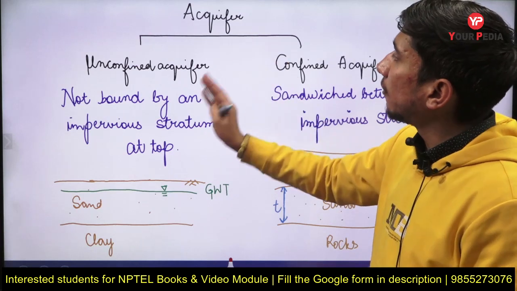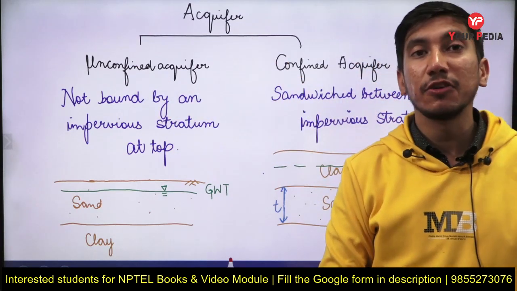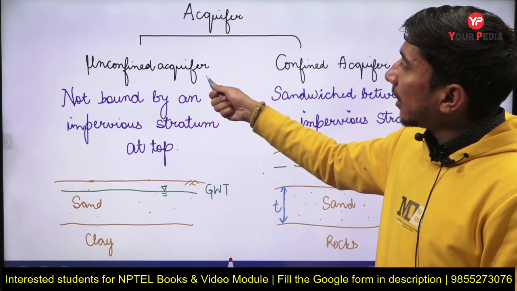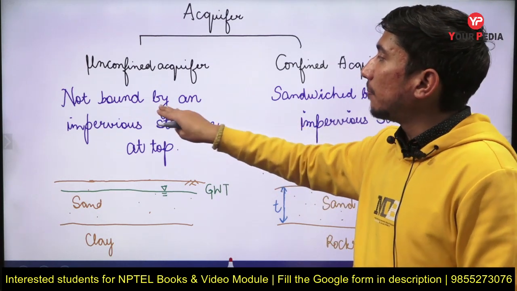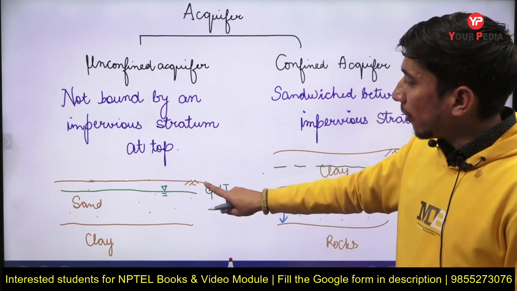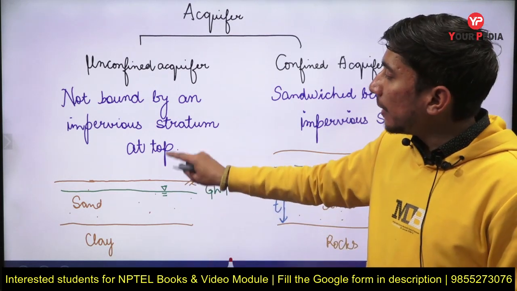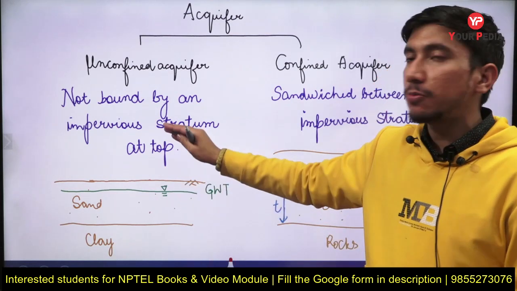Now aquifers are of 2 types, unconfined aquifer and confined aquifer. Now what is the difference between both? Unconfined aquifers are not bound by an impervious stratum at the top. Okay, so for example, this sand is an aquifer which contains the groundwater. There is no impervious stratum above this particular layer.